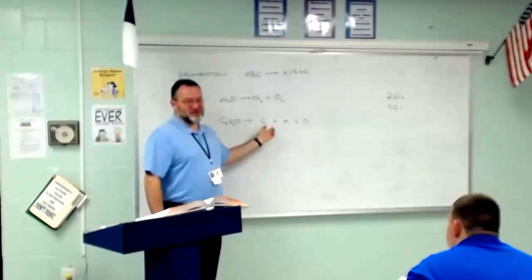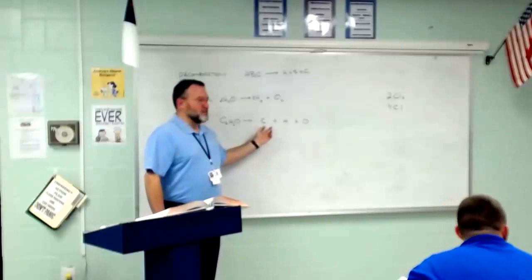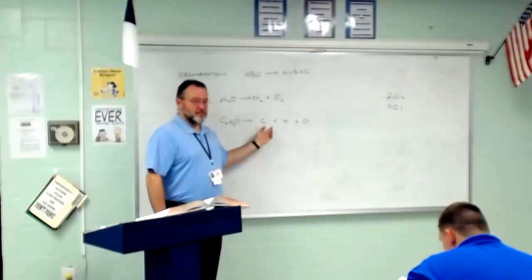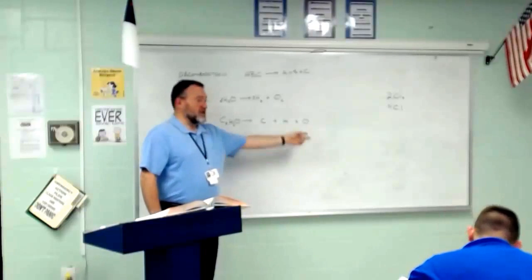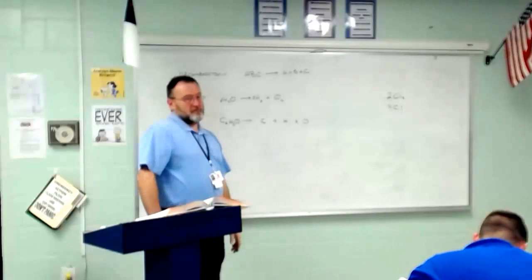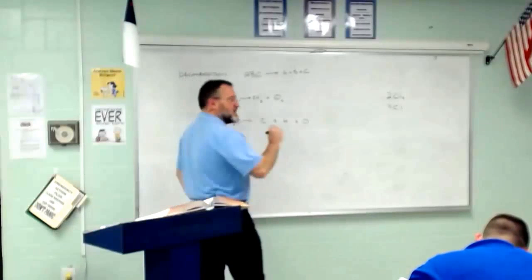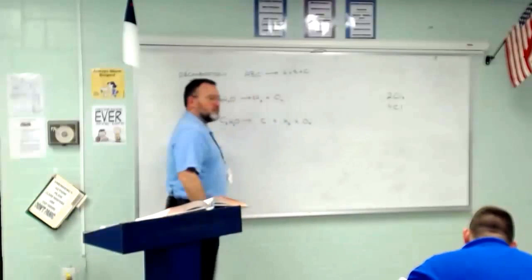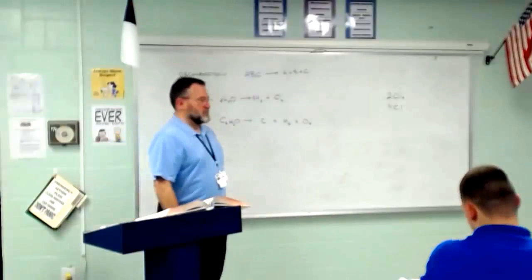Carbon is not a homonuclear diatomic. You do not find carbon as a C2 molecule. You find it as a C atom, carbon atom. However, hydrogen and oxygen are both homonuclear diatomics. So you're going to find them in product of reaction in the molecular form. They're going to form O2 and H2 molecules. All right?